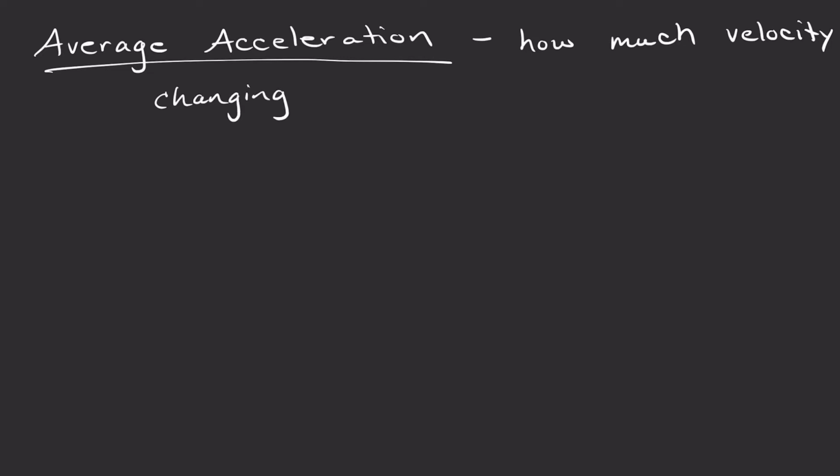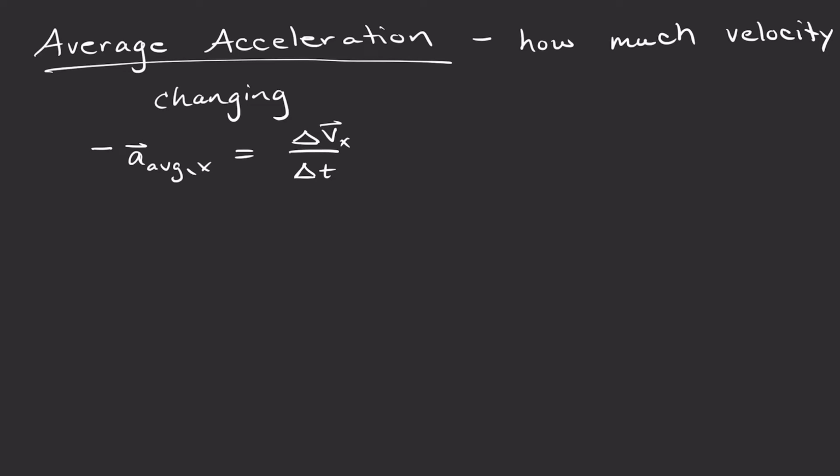And so average acceleration would be defined in much the same way as average velocity. So again, we're moving in the x direction. So this would be the change in velocity over the change in time. Okay, since we're talking about acceleration in the x direction, put our x's, and these are vector quantities.